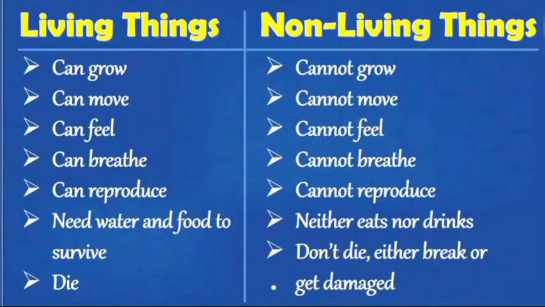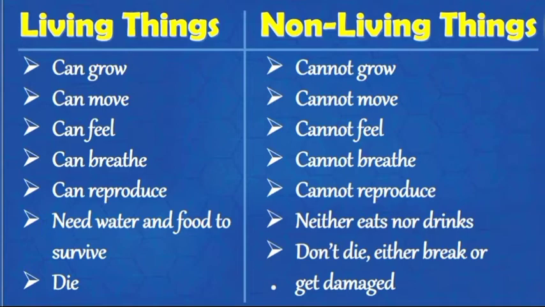Now, let us see the difference once again between living things and non-living things. Living things can grow, they can move, they can feel, they can breathe, they can reproduce. They need water and food to survive. They will die.